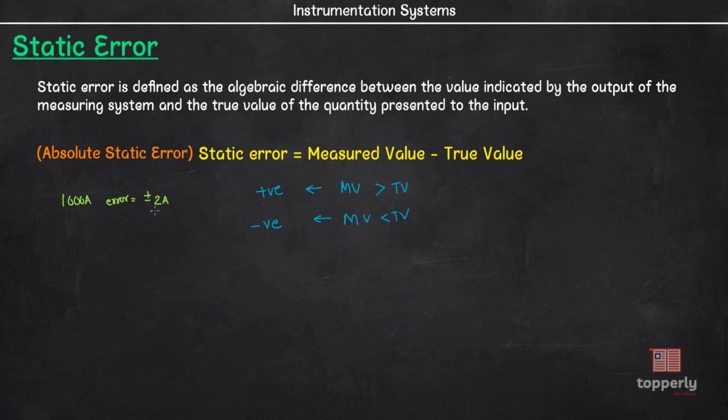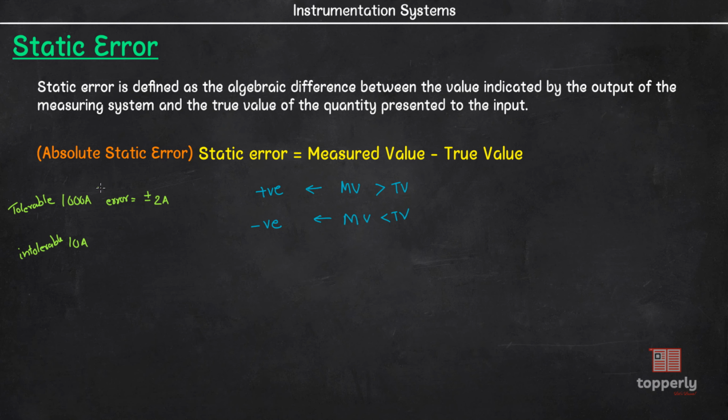However, the same error of plus or minus 2 ampere may be regarded as intolerable when the current under measurement is of the order of 10 ampere or so. So, we can say that simply absolute static error does not give us any idea about the precision of instrument.